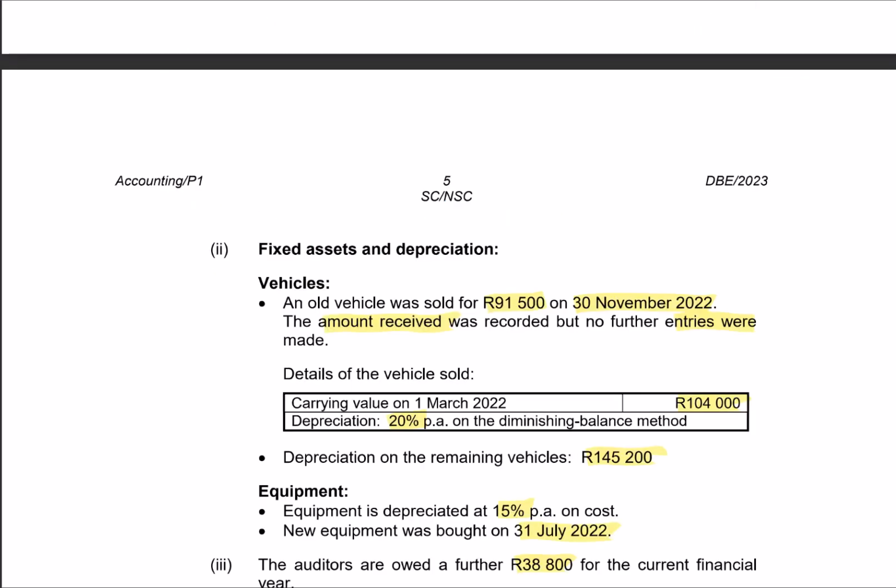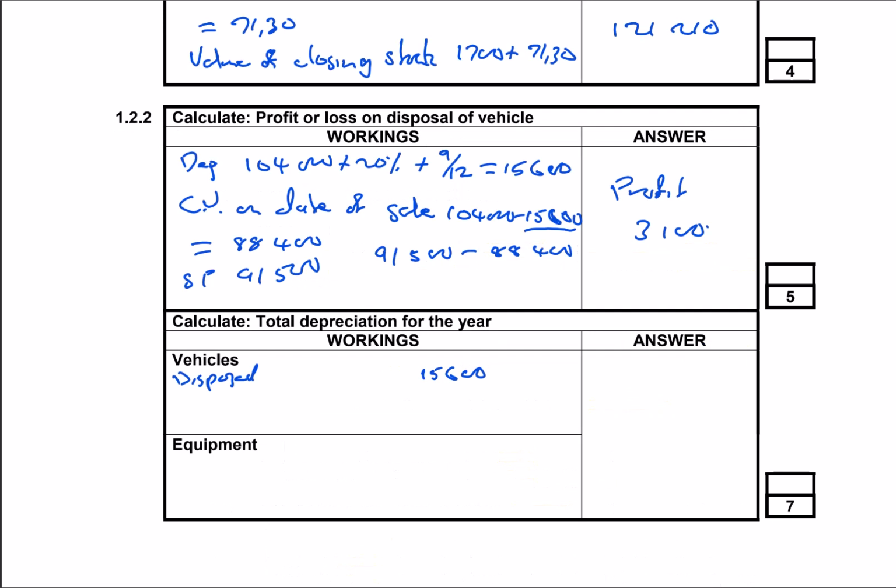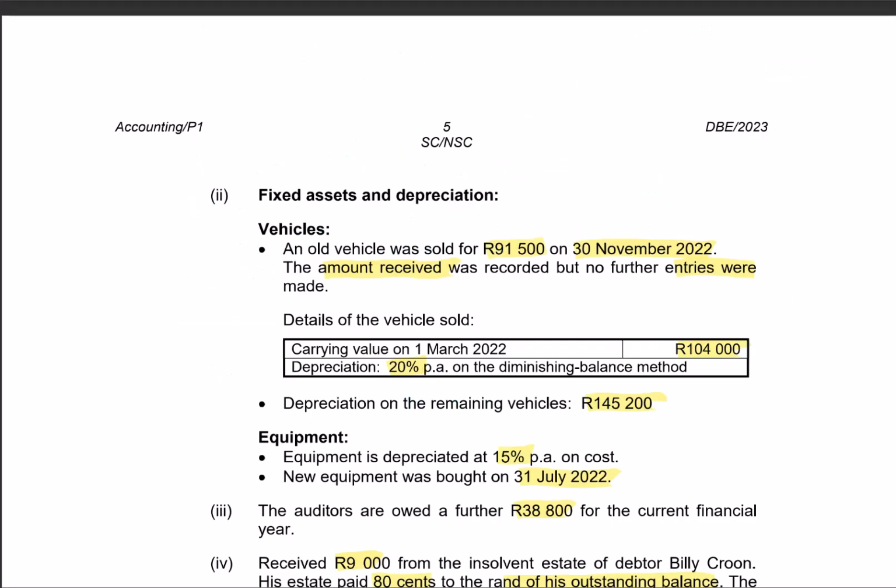Then you are given the other one, depreciation on the remaining vehicles, 145,200. And on closing, remaining 145,200. There's no working that you need to do there.